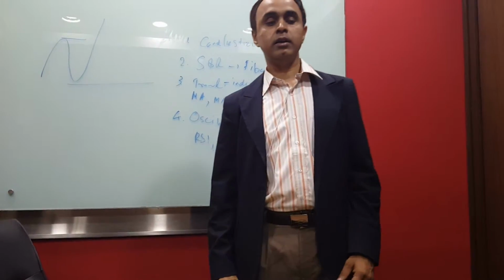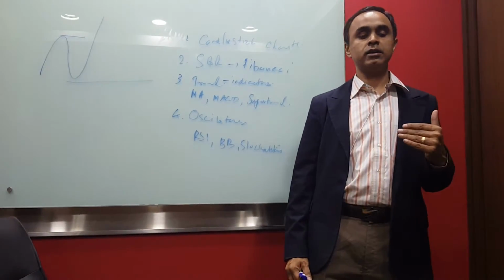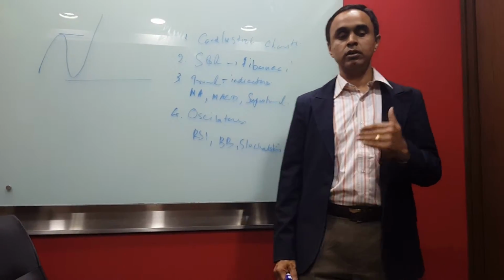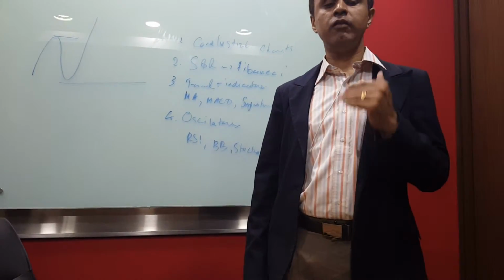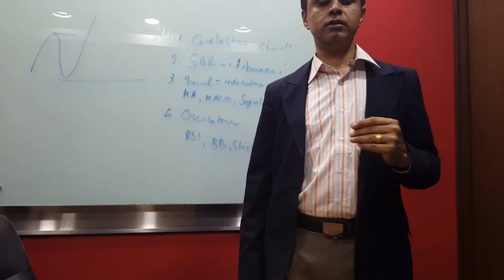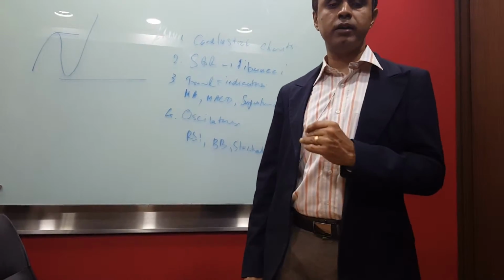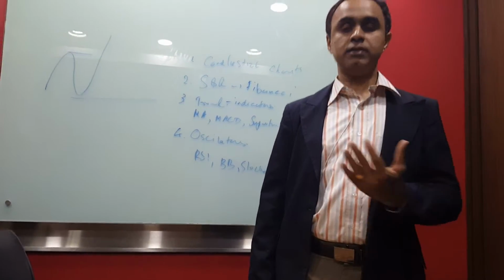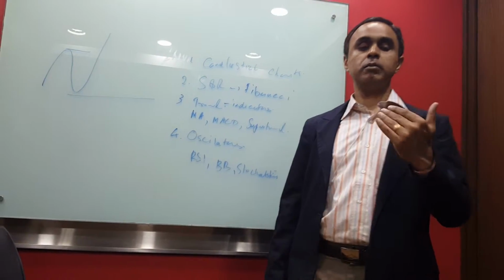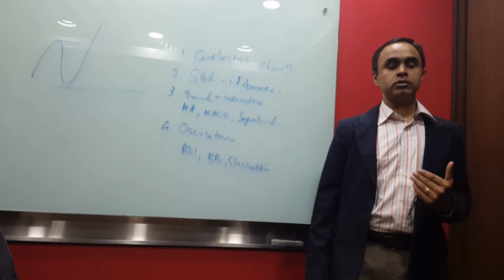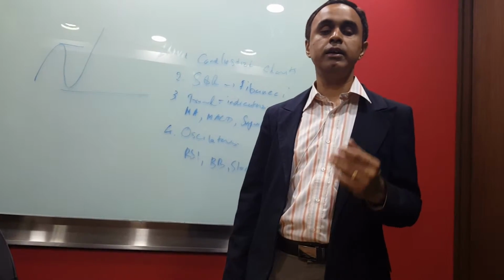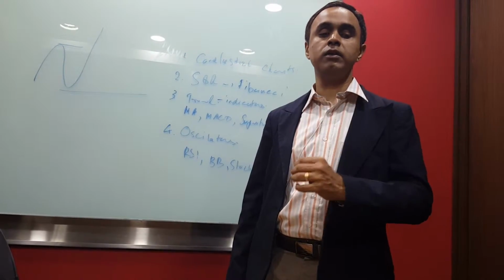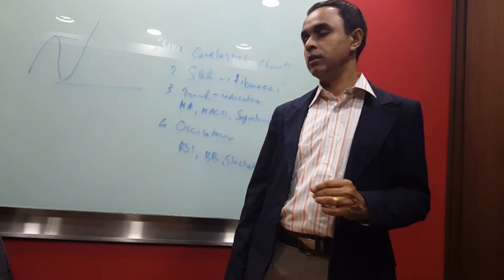He found out that there are certain mathematical ratios which have a very high level of significance, not only in the stock market but in nature itself. So these ratios he has identified, and he says they have very much relevance in forecasting price as well, right?